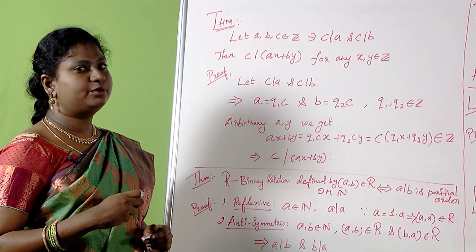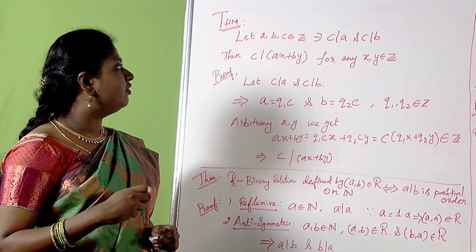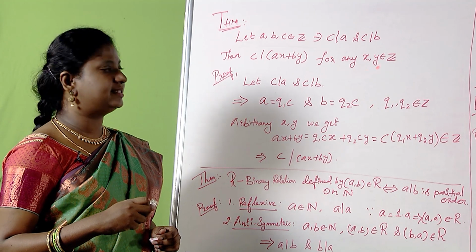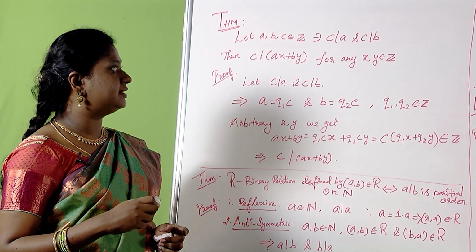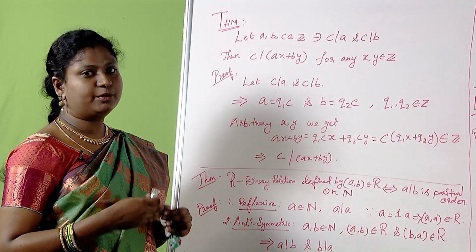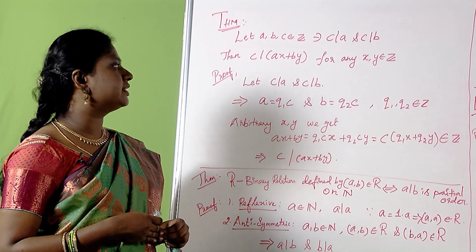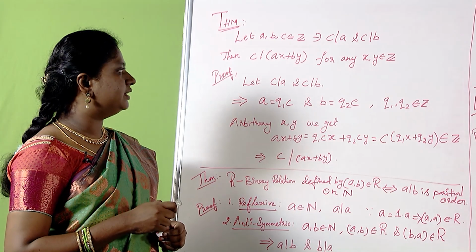Then we have to prove that c divides ax plus by for any two integers x and y. So if c divides a and b, then we have to prove that the same c also divides ax plus by for any x and y. Let us prove this now.